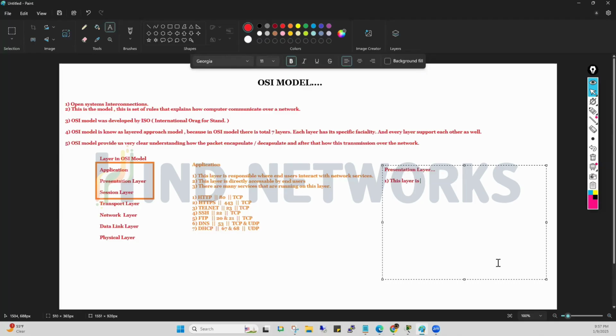this layer is responsible for translating data between the format used by the application and the format required for the transmission over the network.